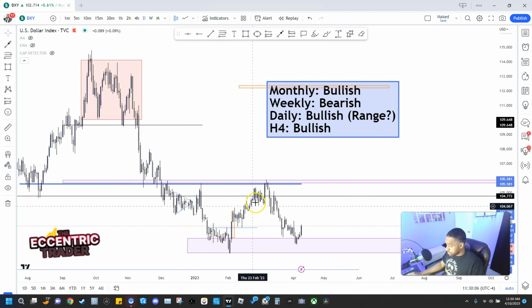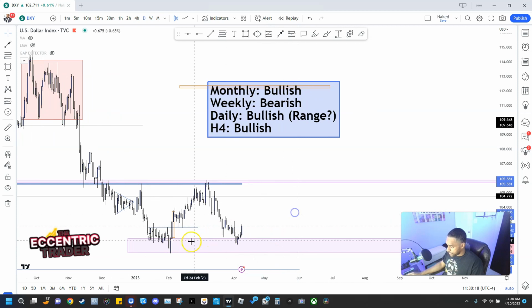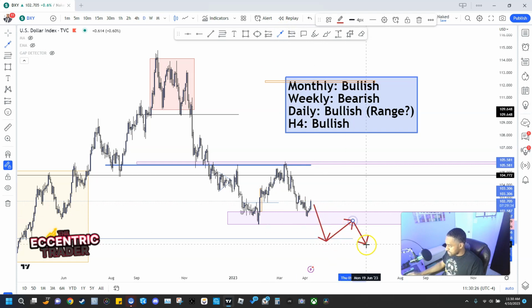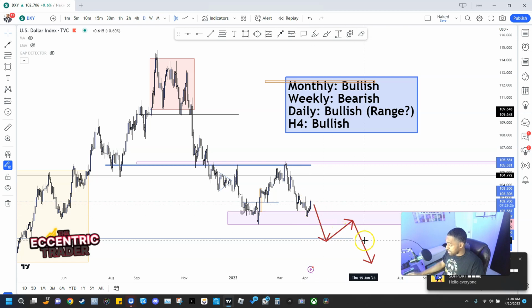But yeah, it was broken. Price came up, but it also came back down. Now if it breaks this zone right here and it starts to look something like this, y'all notice I like my arrows, right? If it does something like this, oh yeah, we bearish all day, baby. But right now it looks like it could be testing this area right here.